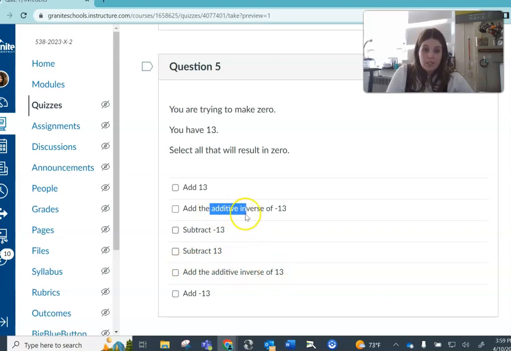So whenever you see additive inverse, think opposite. What happens if you add the opposite of negative 13 to 13? What happens when you add the opposite of 13 to 13? The add and subtract should be pretty straightforward, but the additive inverse is complicated. So just take your time and be careful on that one.